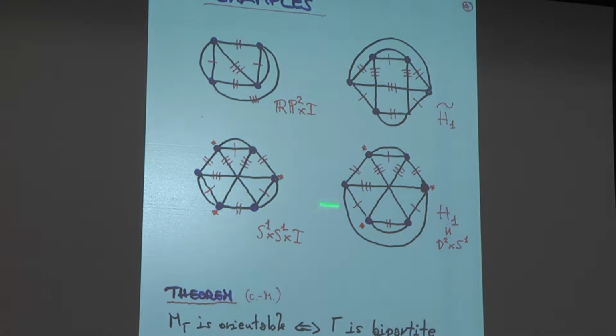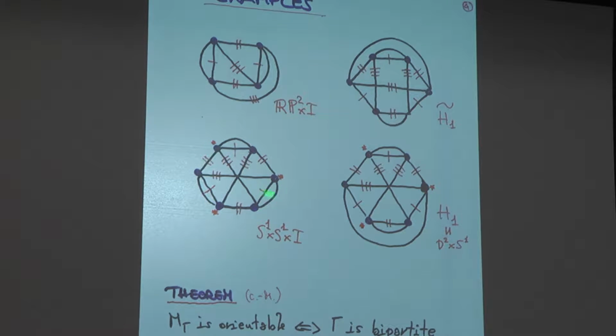And the other two examples are the solid torus, the handlebody of genus 1, and S1 times S1 times I. Both of these two are orientable. In fact, there is a bipartition of the vertices into two classes where any edge goes from a vertex of one class to a vertex of the other class.